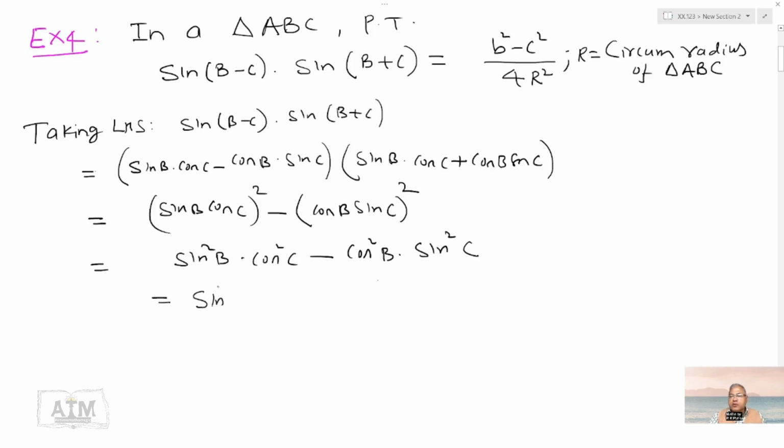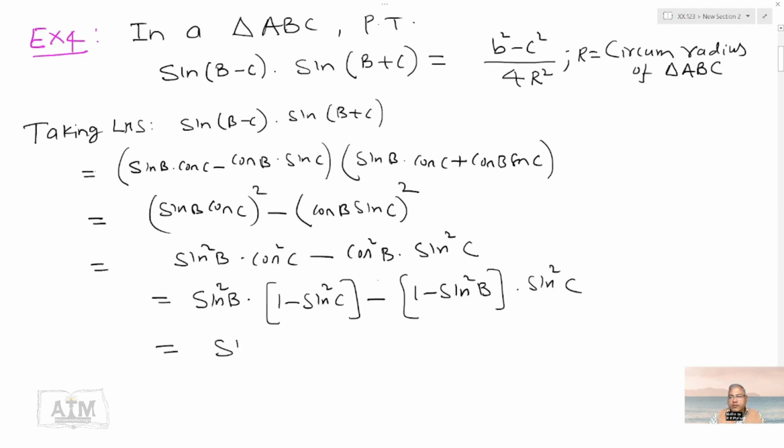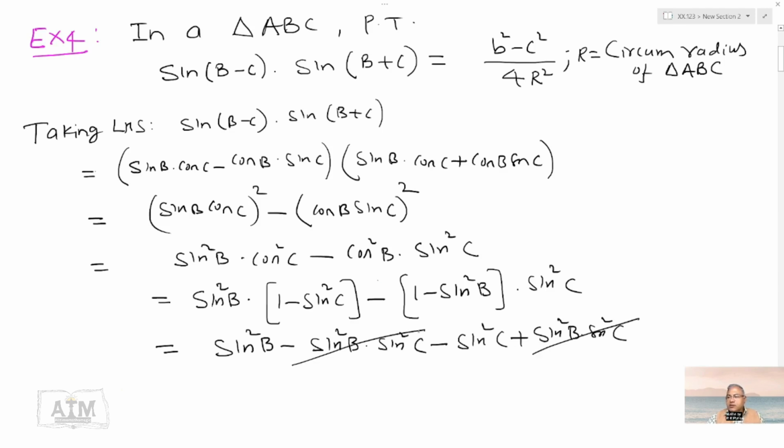Now keeping sin square B as it is, this cos square C can be written as 1 minus sin square C, and this cos square B can be written as 1 minus sin square B into sin square C. Opening the brackets, sin square B minus sin square B dot sin square C minus sin square C plus sin square B dot sin square C. This and this cut down.